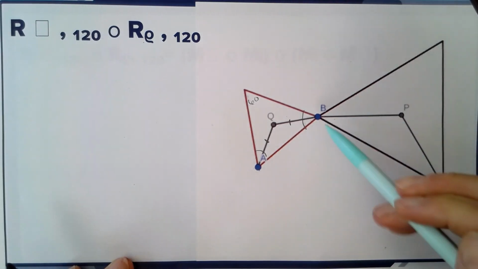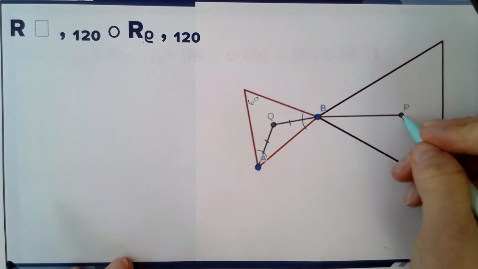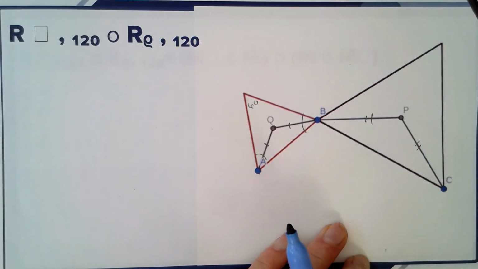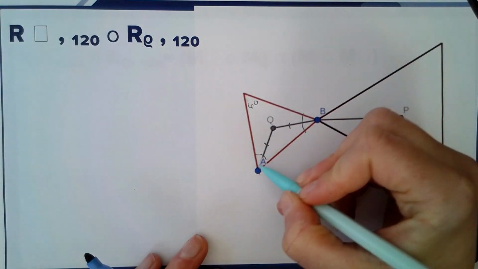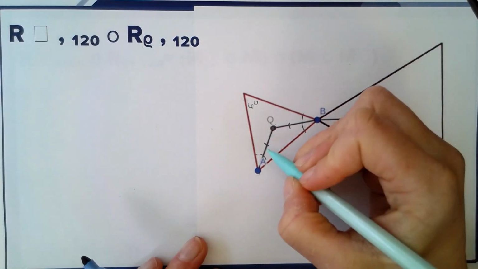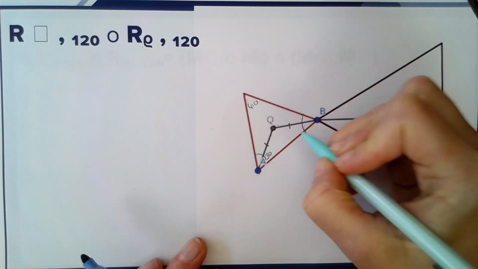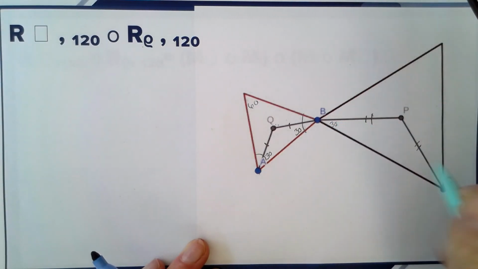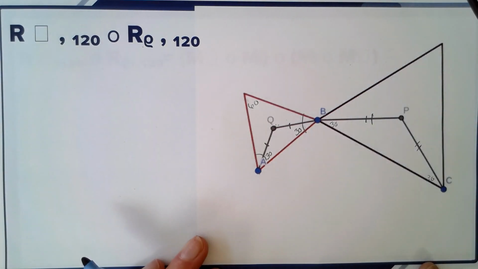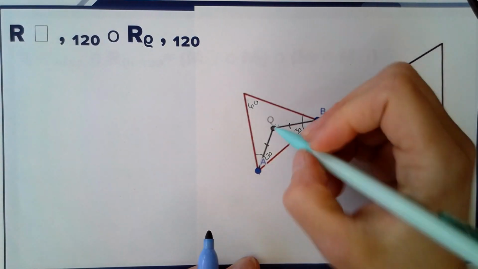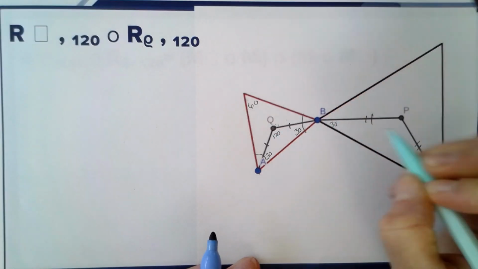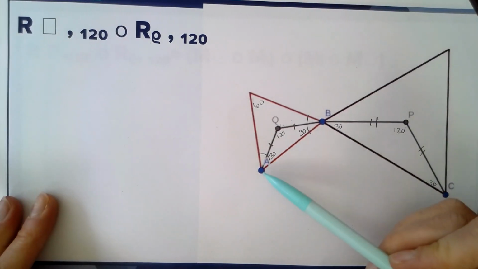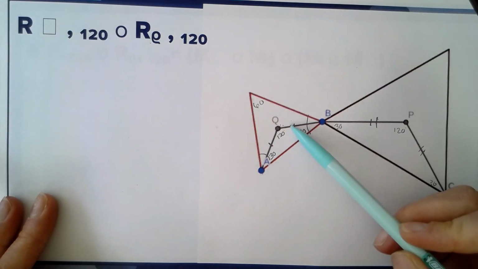The same is going to be true for this equilateral triangle over here. P is my center, which means these pieces are congruent. The piece that goes from the center to the vertex is also an angle bisector, which means we're going to get 30 degrees in here. The same will be true over here, which leaves this up here as 120 degrees. So here we have an isosceles triangle with 120 degrees up here.